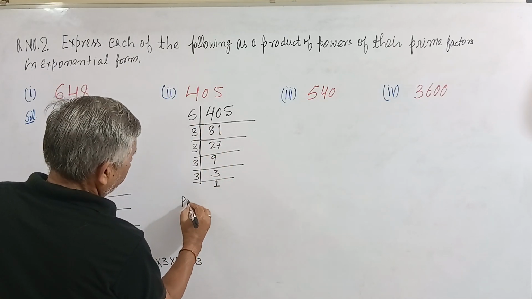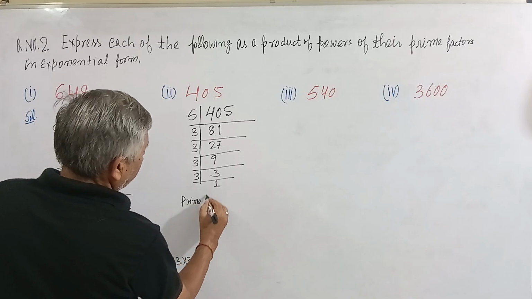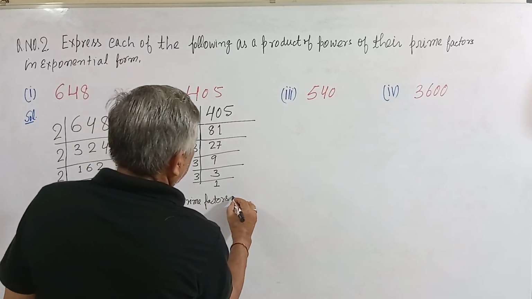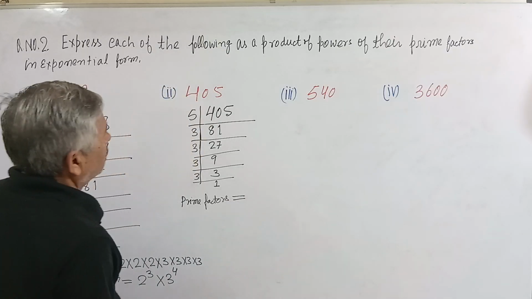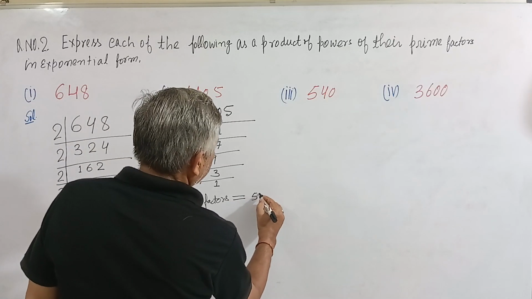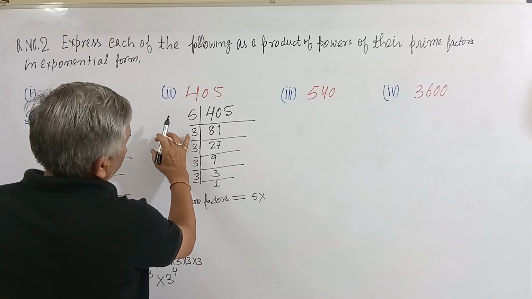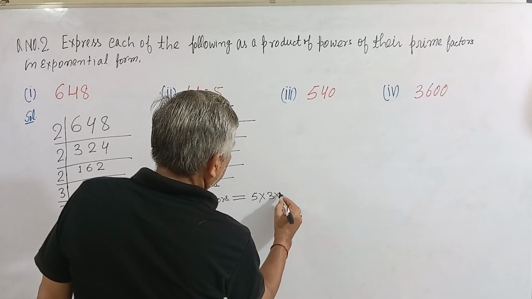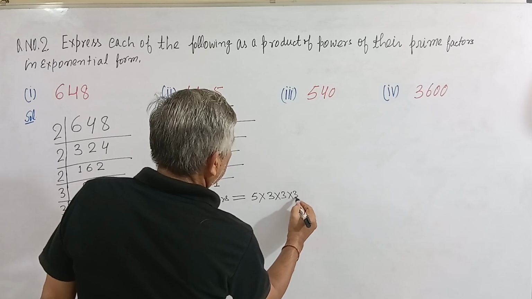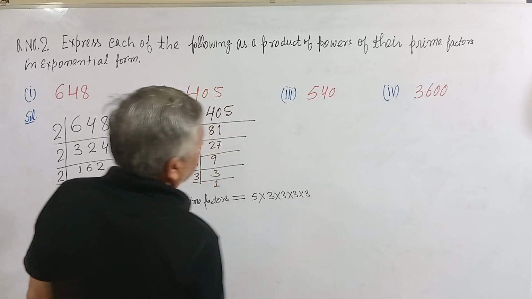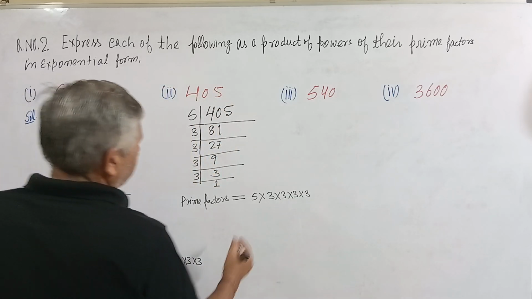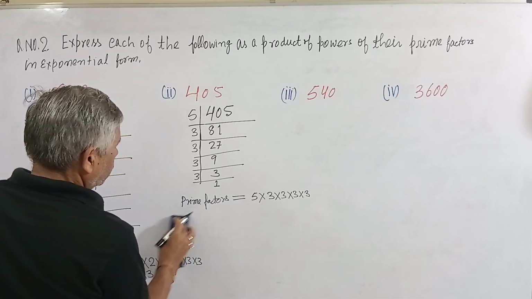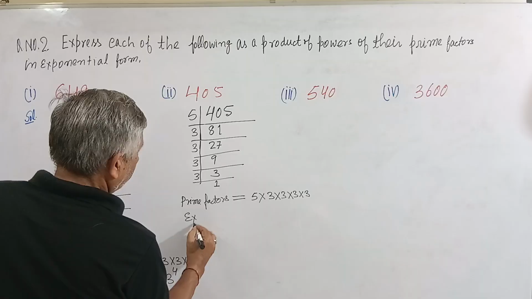So I will write prime factors equals to 5 one time and 3 is 1 2 3 4 times. So 3 into 3 into 3 into 3. Exponent form, we have to write the answer in exponent form.